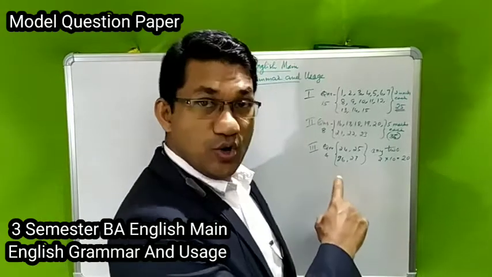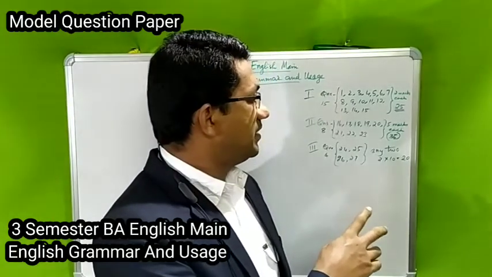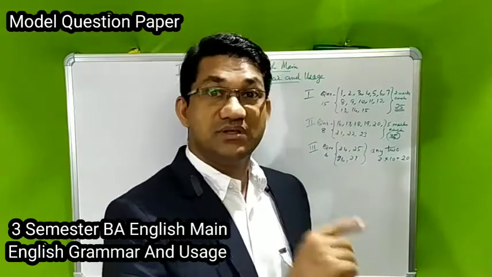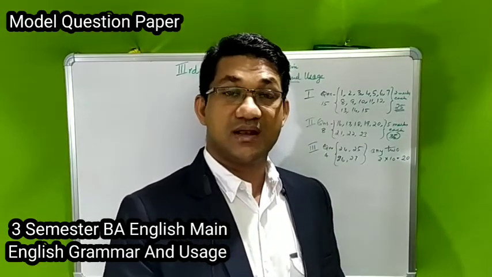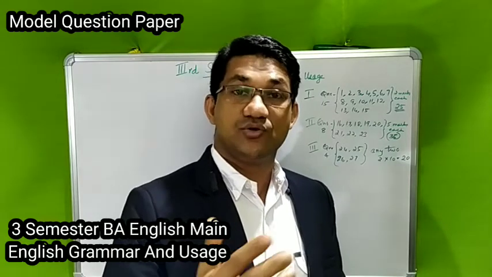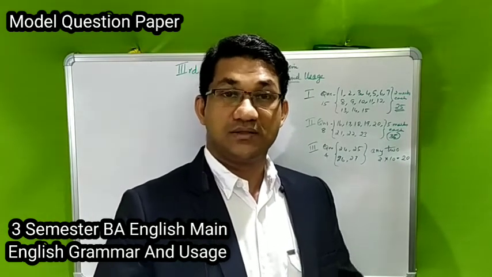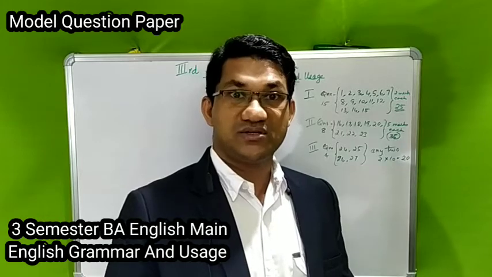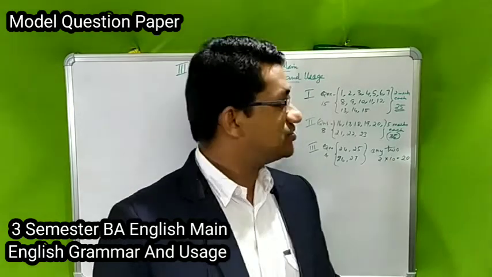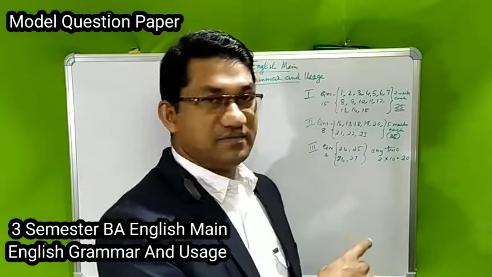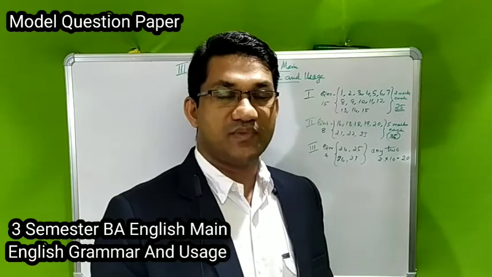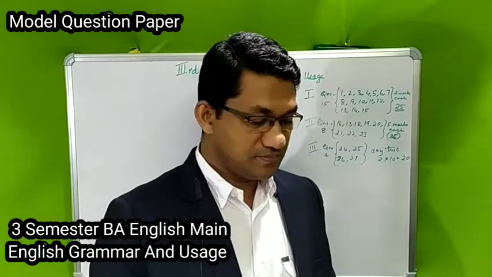Normally 15 into 2 should be 30, but the maximum score a student can get is 25. The student can, if he wishes, answer all 15 questions, and the maximum will be 25. That is the pattern of questions in section A.